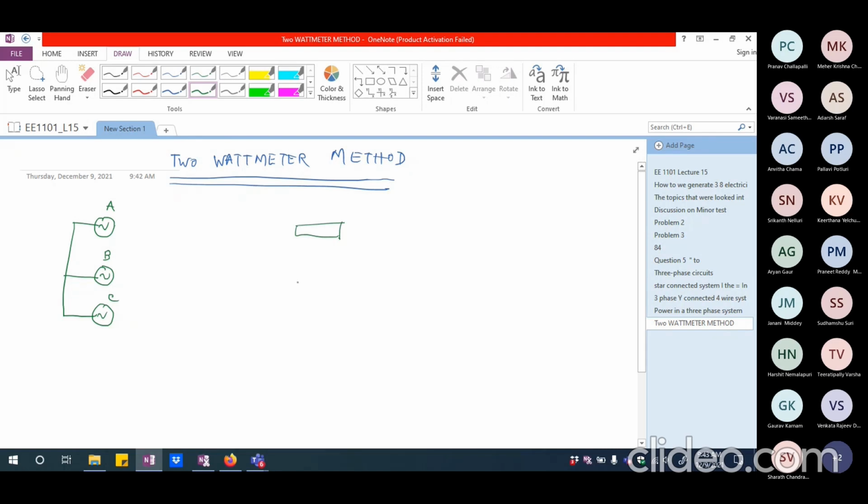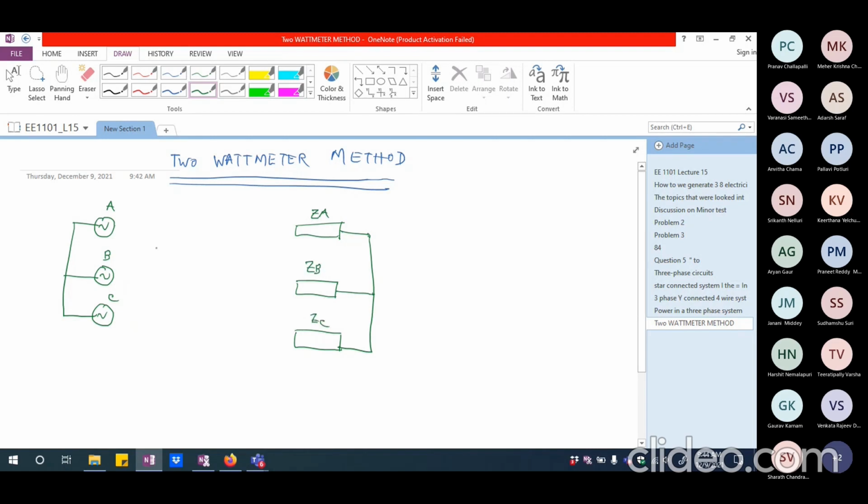I'm just assuming that the load is a balanced load or unbalanced load. It doesn't matter. So I'm going to have 3 loads connected. And I don't know whether it is resistive or RL or RC or RLC. I don't know. So I'm just putting them as generalized loads. So I'm going to have ZA here, ZB here, and ZC here.